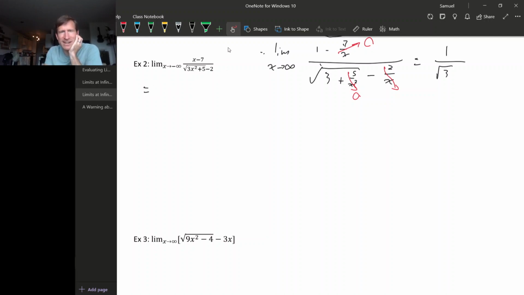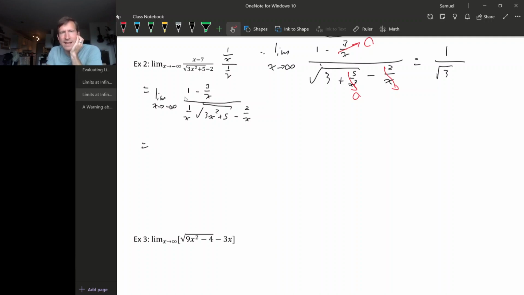You can bet we're going to have to do the same algebra trick, so let's just do that right now. We get the limit as x goes to minus infinity of 1 minus 7 over x over 1 over x times the square root, 3x squared plus 5 minus 2 over x.